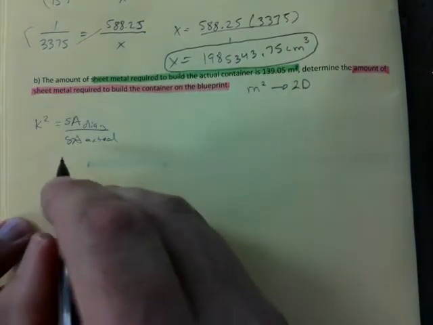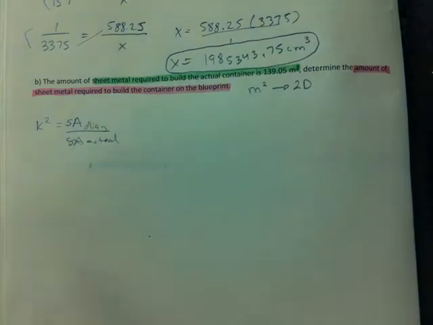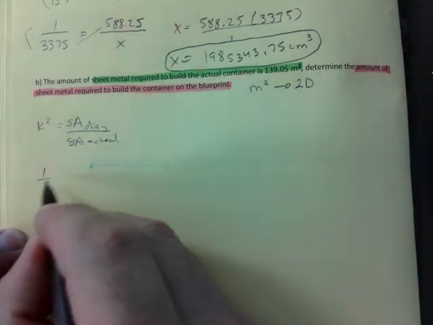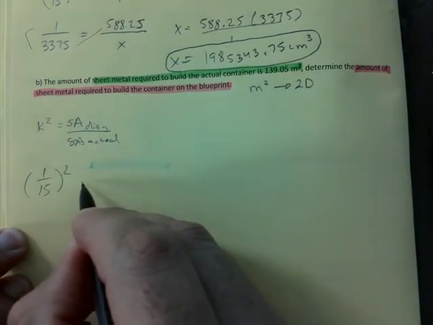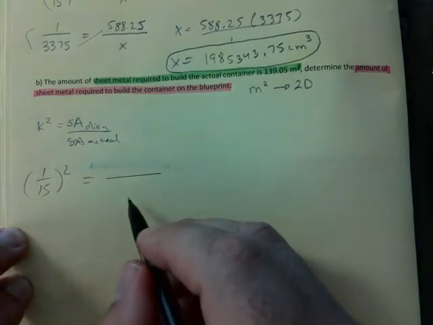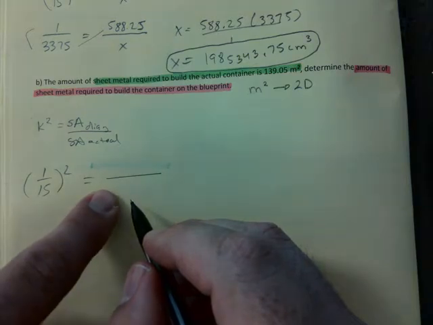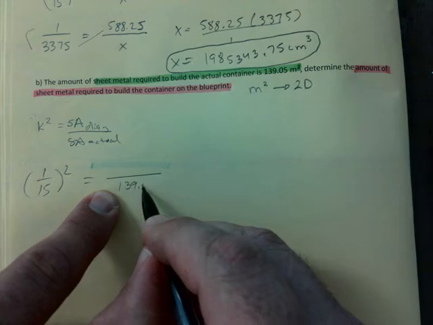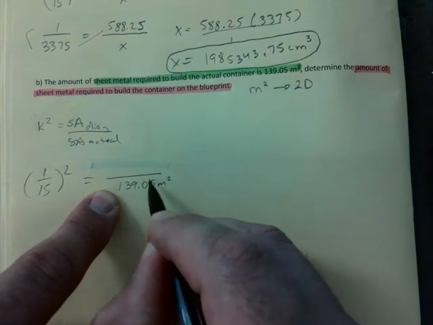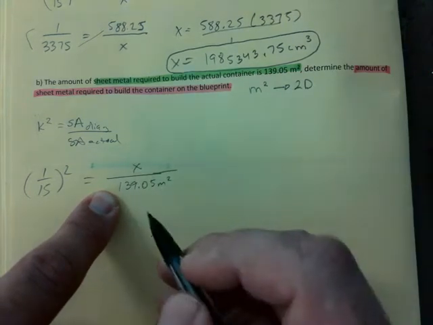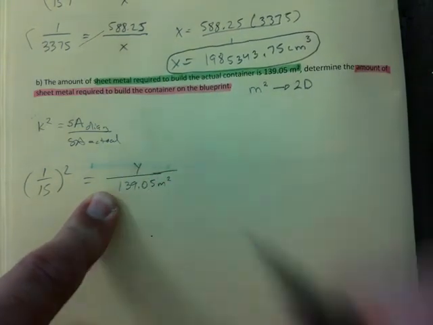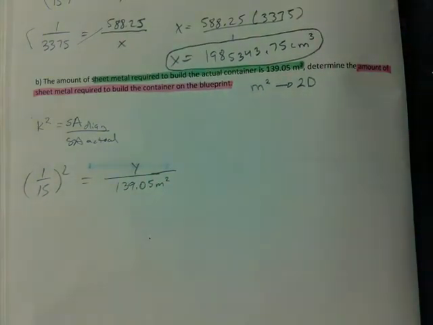Smart cookies, everybody here. Okay, so what's my scale factor? Way up there, it doesn't change. I'm going to square that. And then I was given the actual. So that is now in the denominator. See that? You got to watch out for that. And this is my, let's call that y, so we're not mixing up variables.